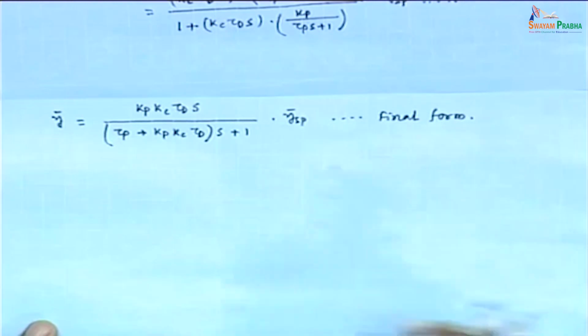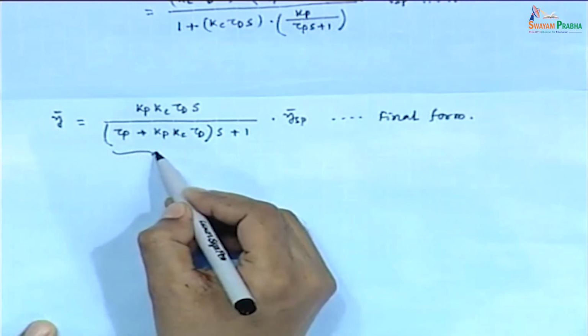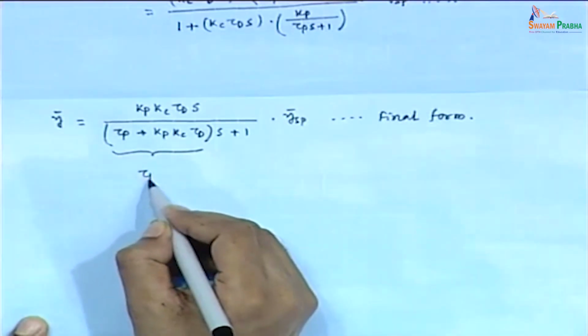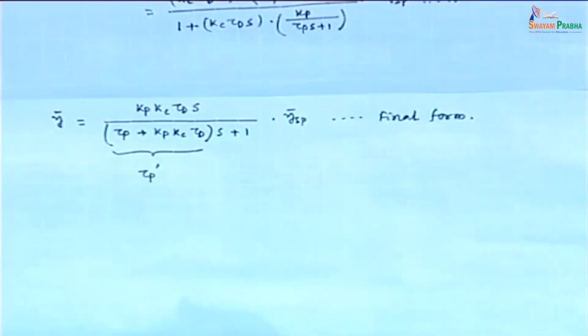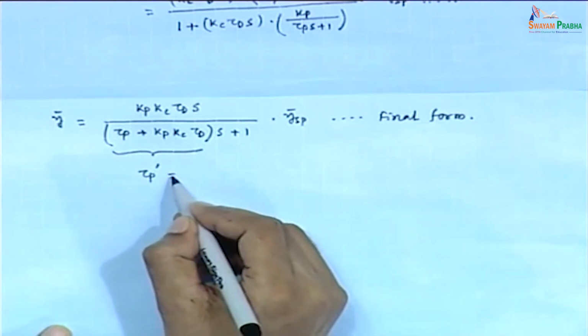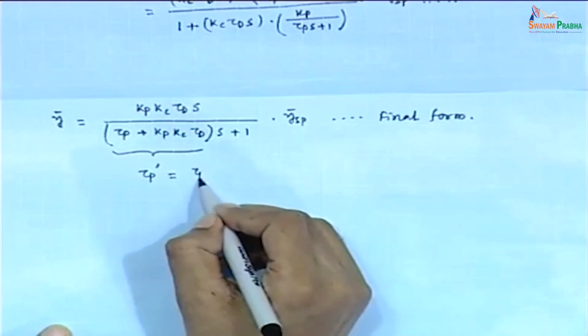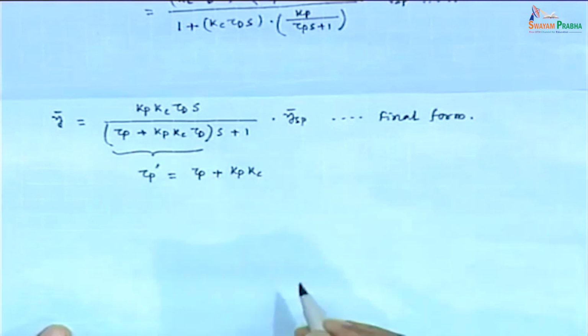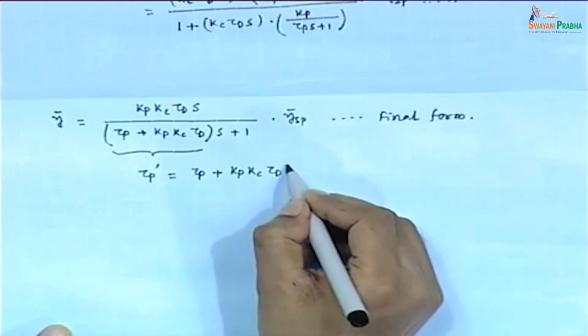Now, this is the time constant of the closed loop transfer function. This time constant we can call the effective time constant, denoted by tau p prime. So, tau p prime equals tau p plus Kp Kc tau d.